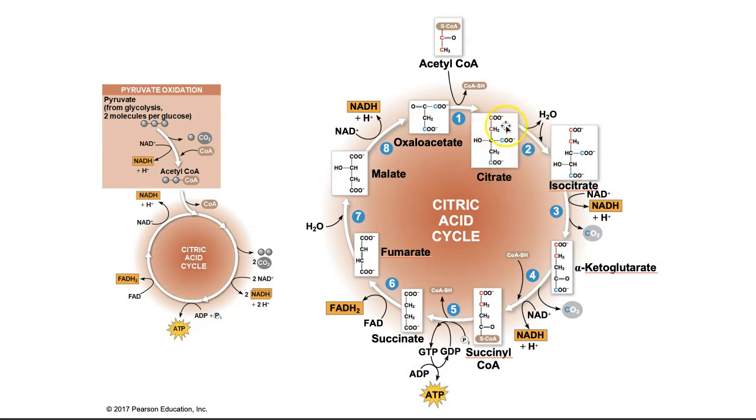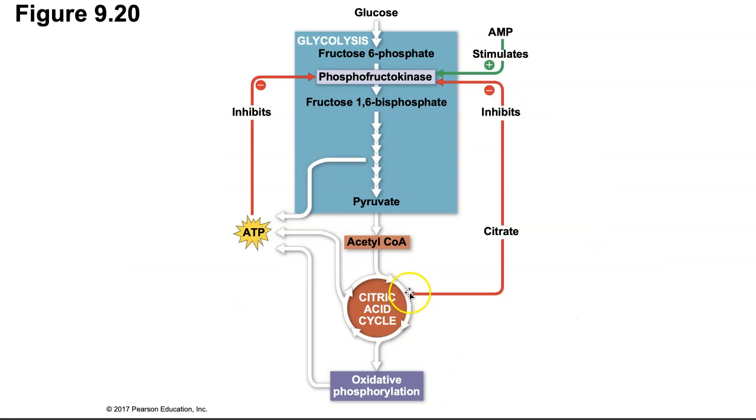So this also lets us know that we are well on our way to making a ton of energy. So of course that's also going to be a good inhibitor to tell us to stop. We don't need any more. So ATP and citrate are both inhibitors of phosphofructokinase.